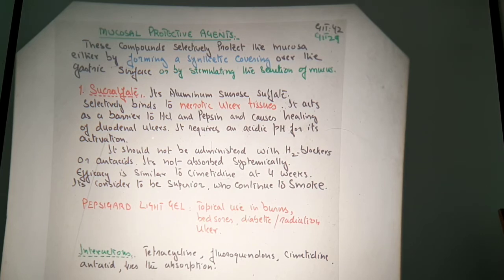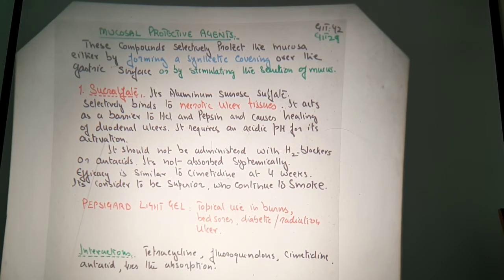And for causing the healing of duodenal ulcer, it requires an acidic pH for its activation. Here there is no requirement for alkalinity. It requires the acidic pH to form the synthetic layer around the stomach wall.